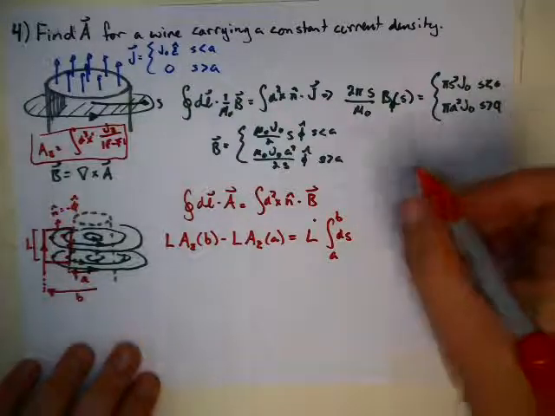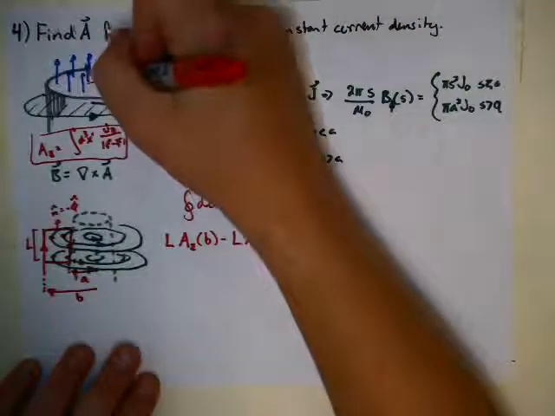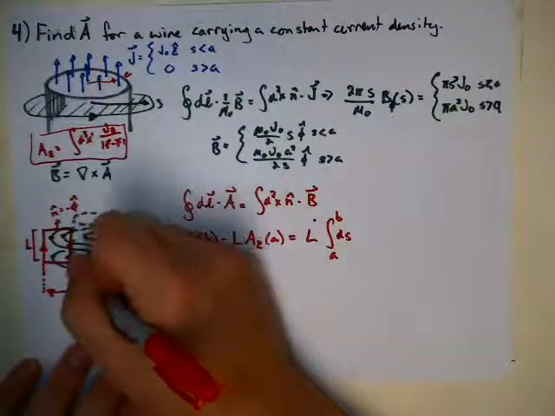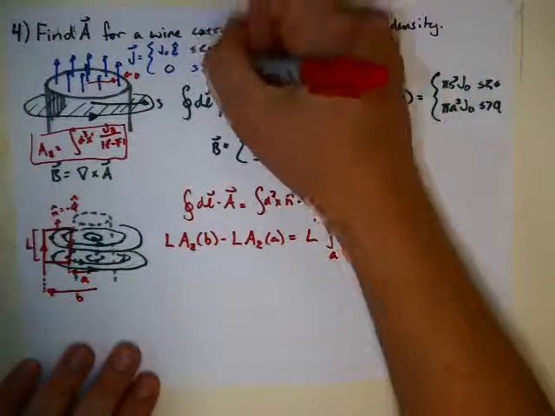Here I have to be a little bit careful. I've messed up. I've called the size of this A, and I've called this one A. Let's call the size of this A naught.